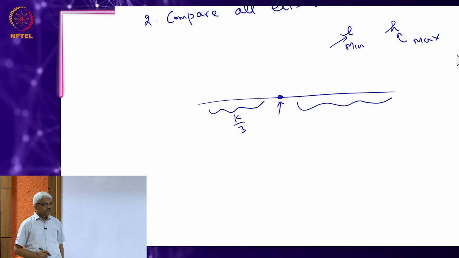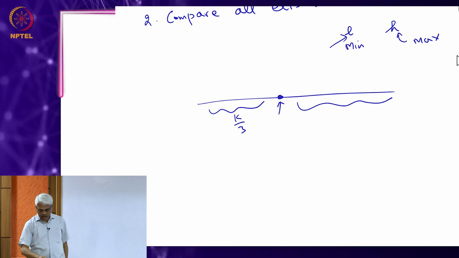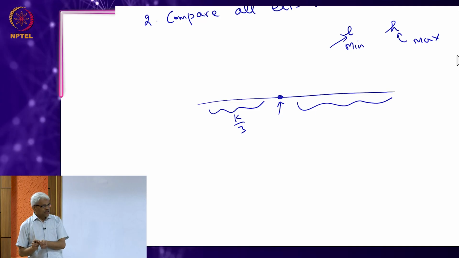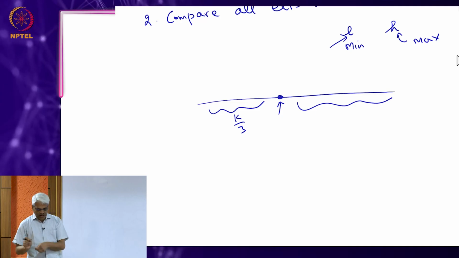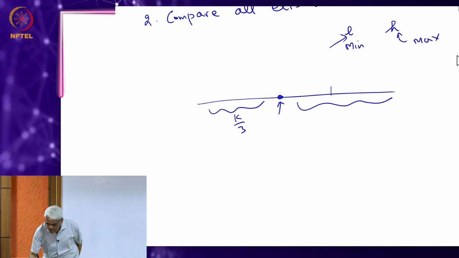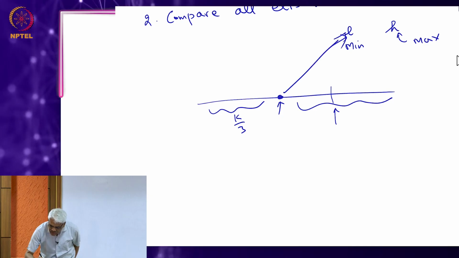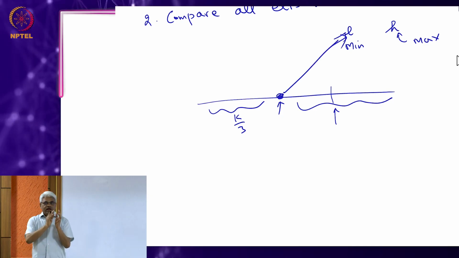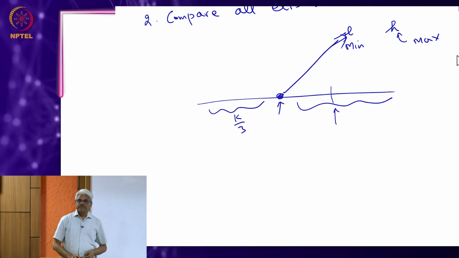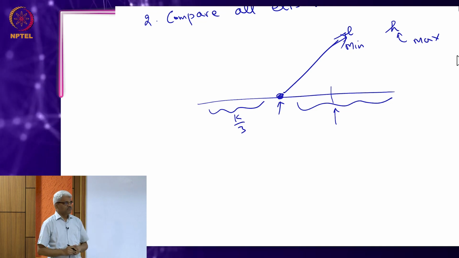Then where is the kth smallest? On the right. It is bigger than this, and now I also have to update my k. It is not the kth smallest. I should look for k minus k by 3, which is 2k by 3 smallest element here. So I will update my L to this element and say the kth smallest I am looking for is now bigger than this element.